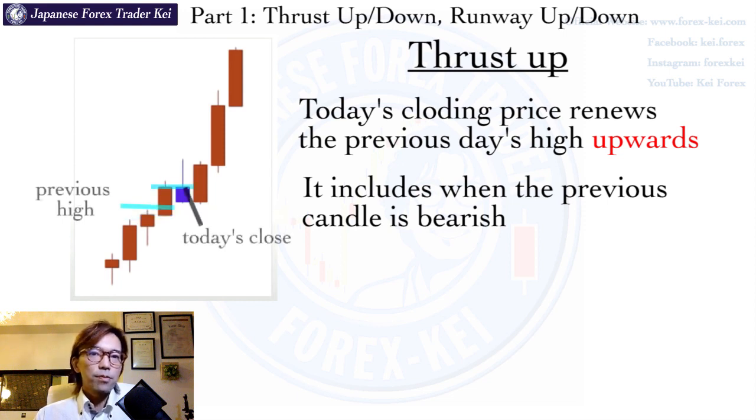And this one too, the closed price renewed the previous high here too. So this is called thrust up also. So in this case, you can see the market has thrust up for 3 consecutive times. And when you see a market like this, it tells you that it's a strong bullish momentum, expecting the bullish trend can persist.